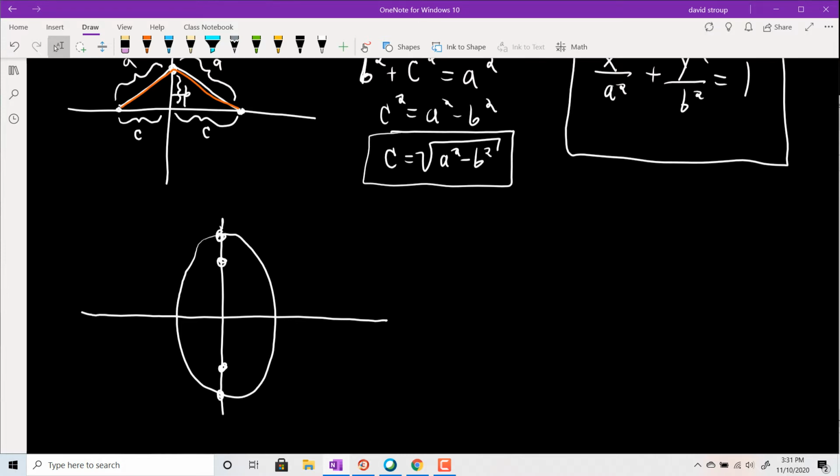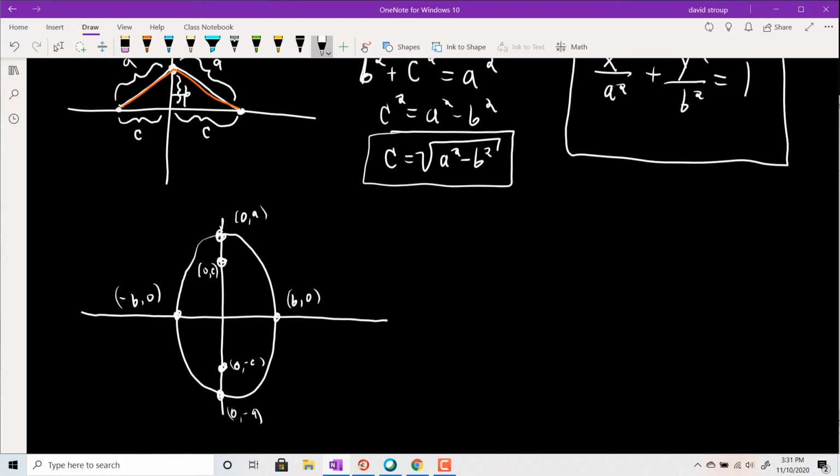So these points will be at 0, C, and 0, negative C, and the vertices, of course, 0, A, 0, negative A, and then these other points given B as their location, the variable B.